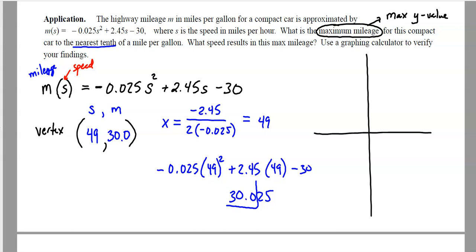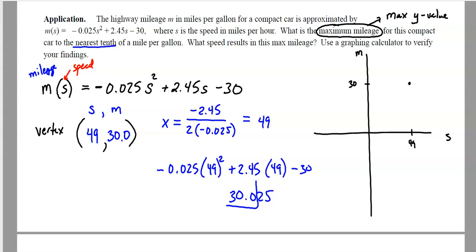So on my graph here, if I was just going to sketch this out, it looks like over here at somewhere at 49 and a height of 30, where this is gas mileage and this is speed, I'm going to have a vertex right there.